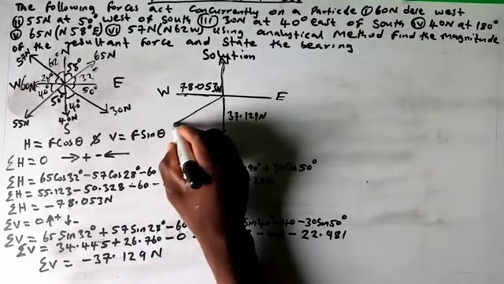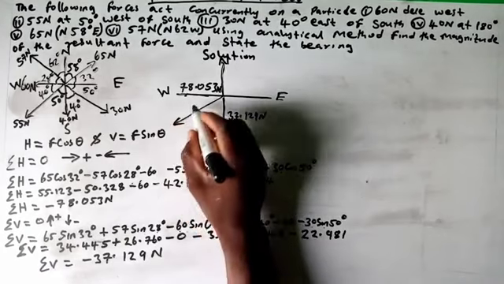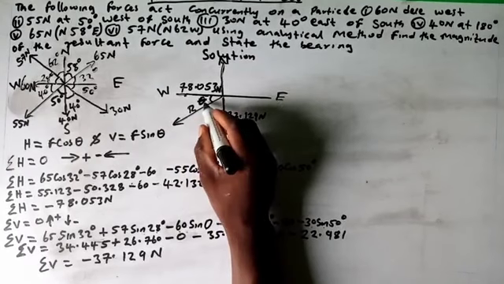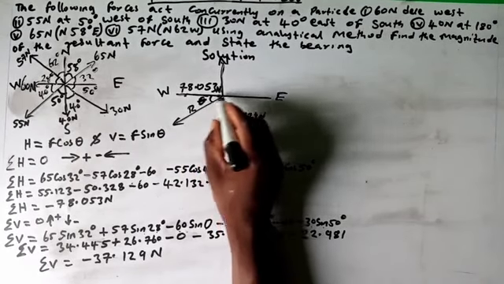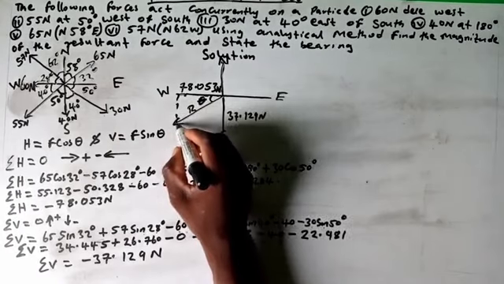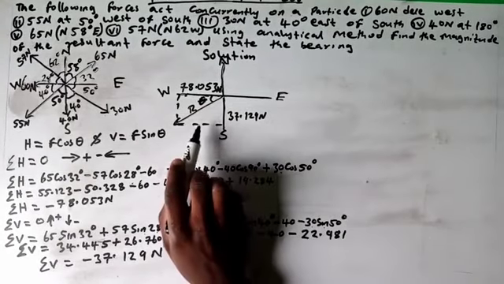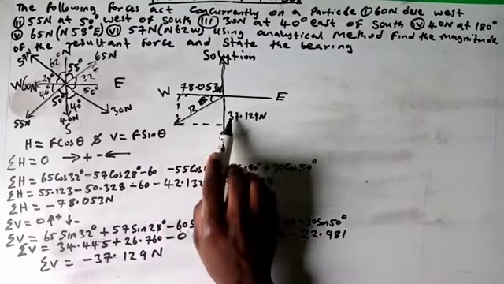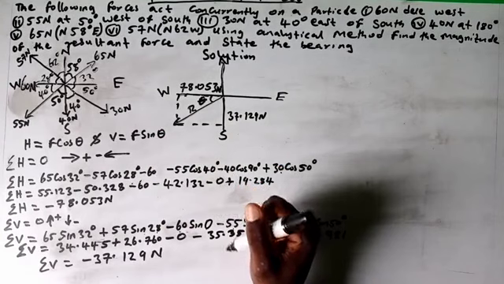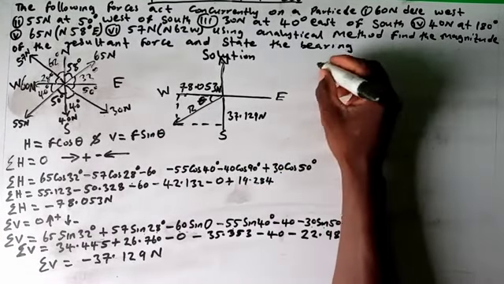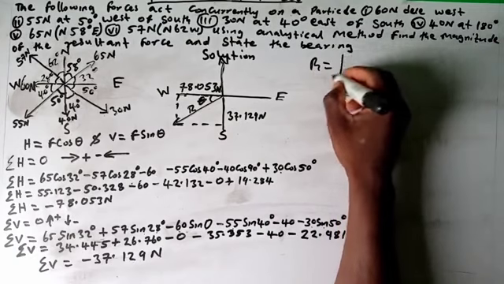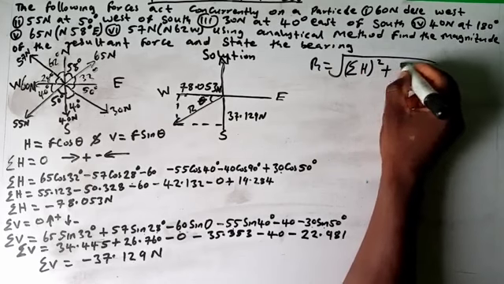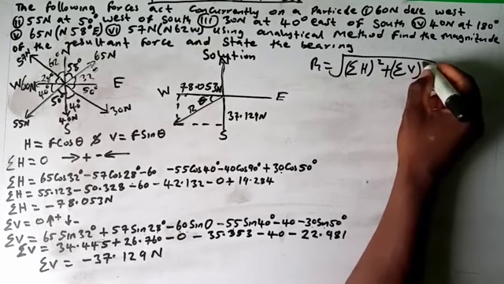So our resultant force lies between the south and the west. We draw our resultant force arrow. And theta is the angle of inclination of the resultant force with the horizontal. If we form a triangle here, we say that this side is equal to this side and this side is equal to this side. Therefore, our R, which is the resultant, will now be equal to square root of summation of H all squared plus summation of V all squared.